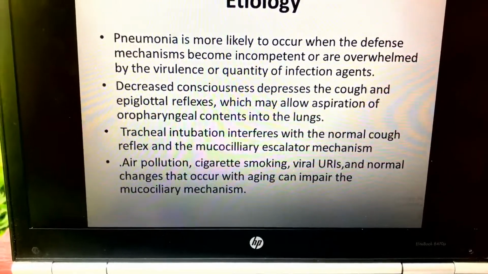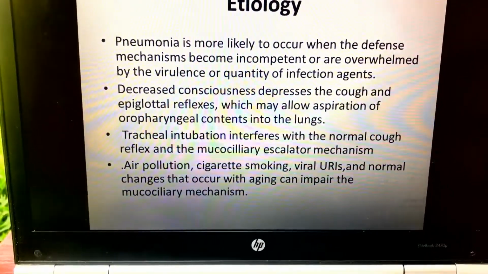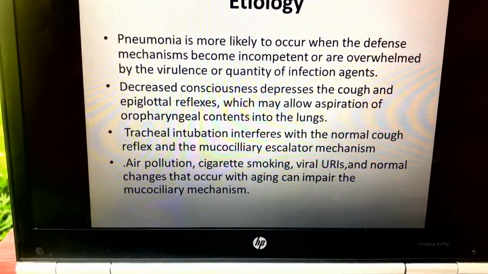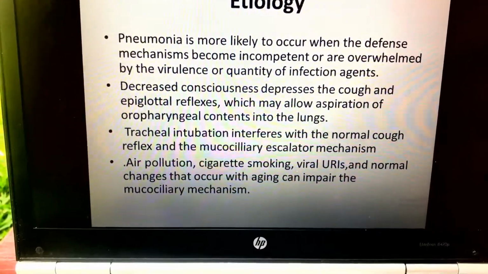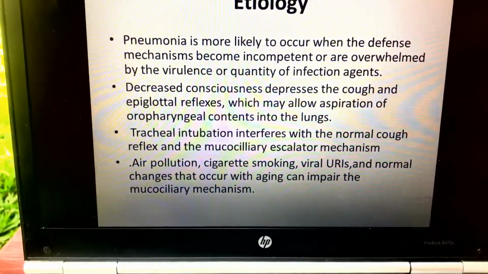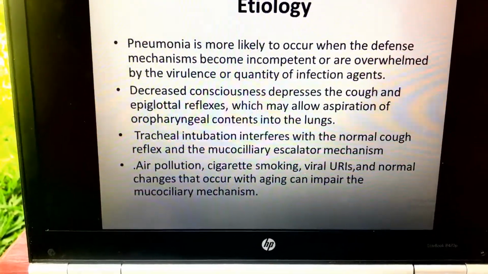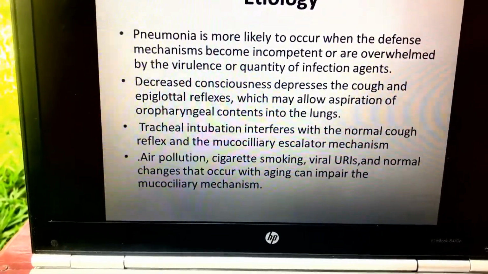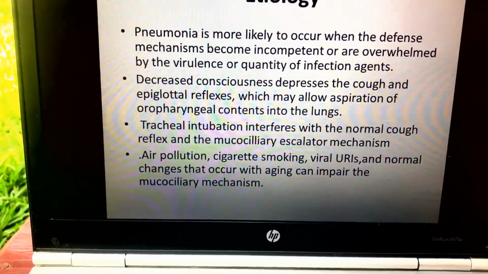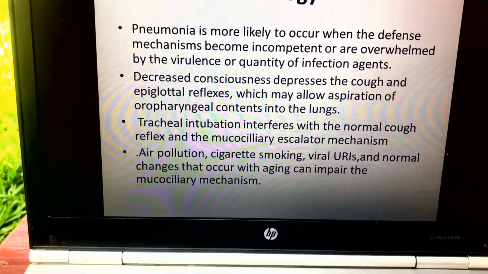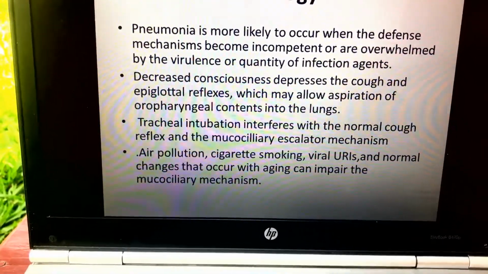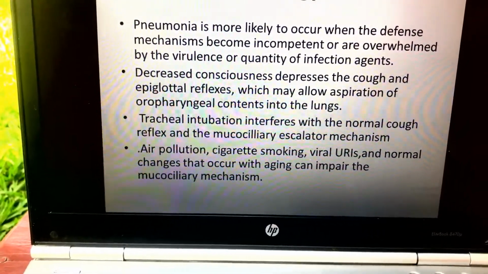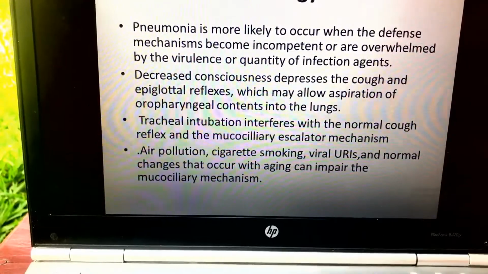When we say virulence, this is the severity of the bacteria, or the quantity of the infectious agent. If you have many infectious agents, we fight and we destroy, and maybe we'll win, depending on our immunity and our protections.